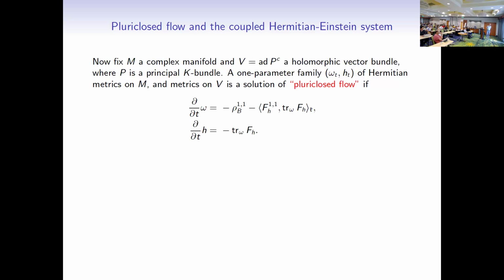And then the metric h is evolving by Hermitian Yang-Mills flow. This is exactly like the Donaldson flow in Hermitian Yang-Mills theory, except of course this ω is the flowing ω, so it's not literally Donaldson flow, but it's coupled to this Ricci flow, you could say.